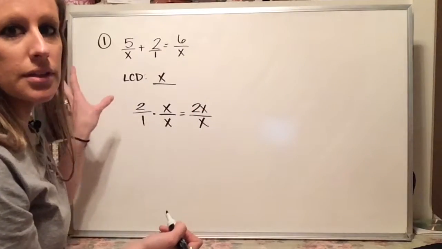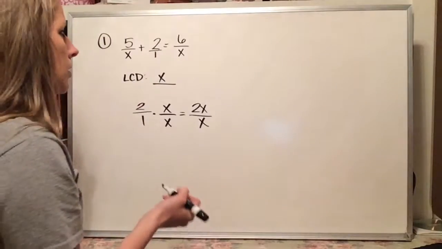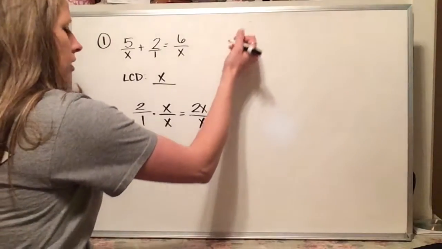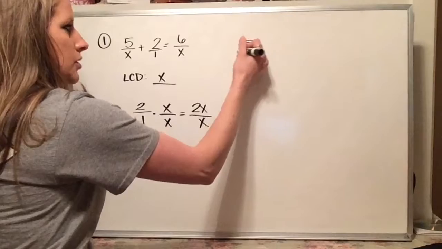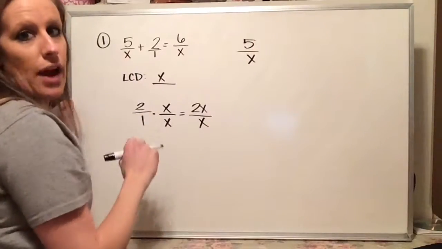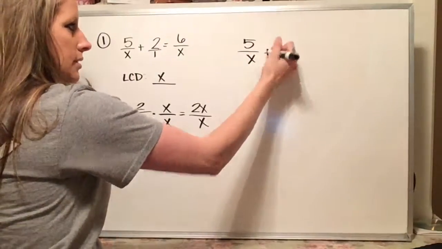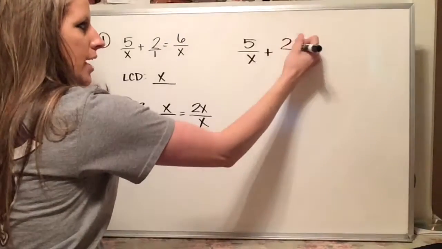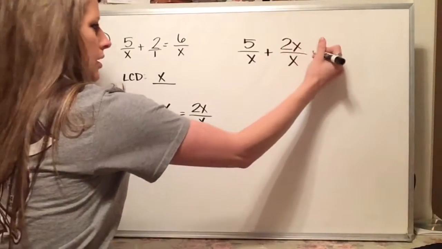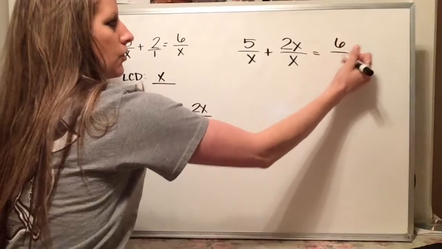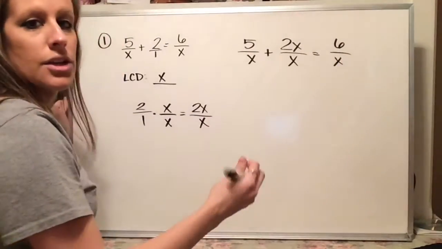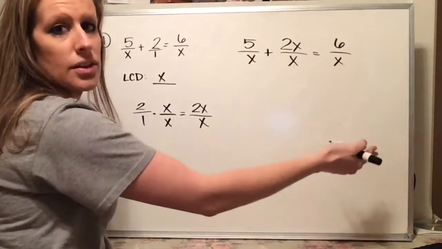Alright, so now I'm going to rewrite this whole equation here with my common denominator. So 5 over x is my first fraction, plus my second fraction I changed to 2x over x equals 6 over x. Okay. So you see how all my denominators are the same?